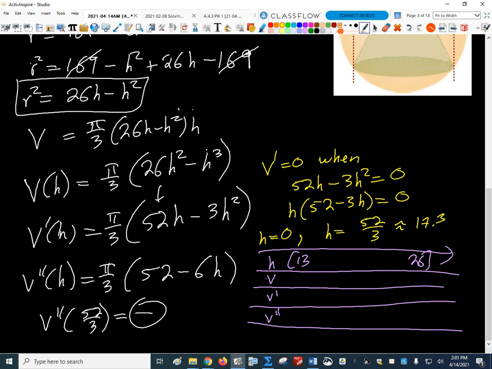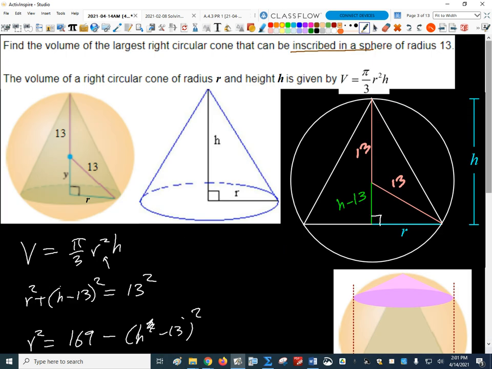And we had one critical number at 52 thirds, which is in that domain. Zero of the first derivative, negative of the second derivative, and so there's our maximum for volume. And I think they were asking to find the volume. Okay, so that's all they asked for.